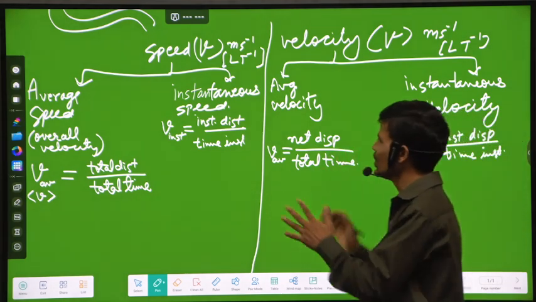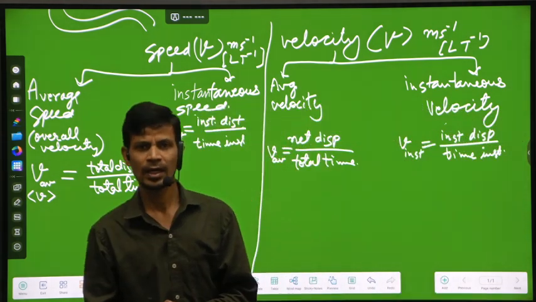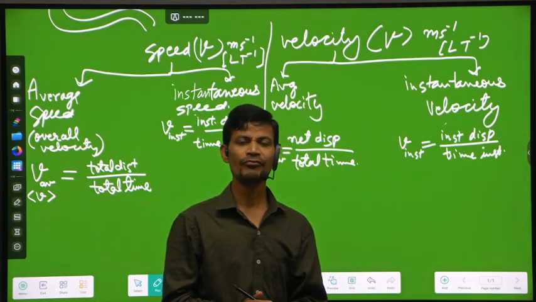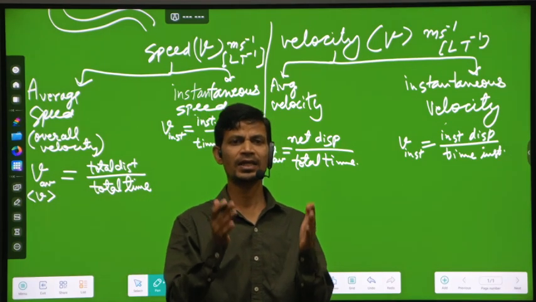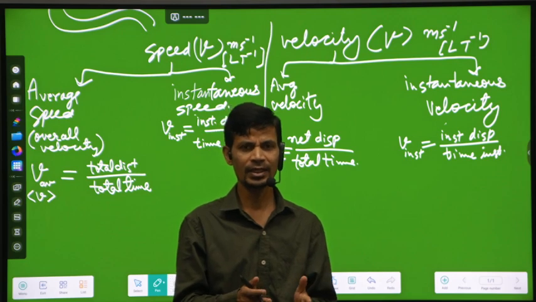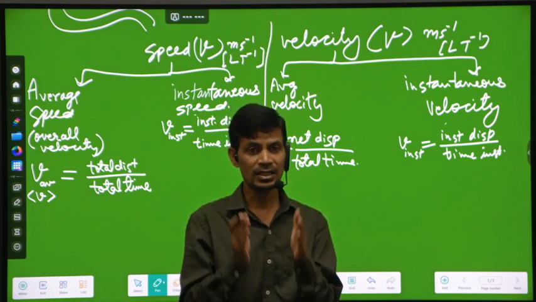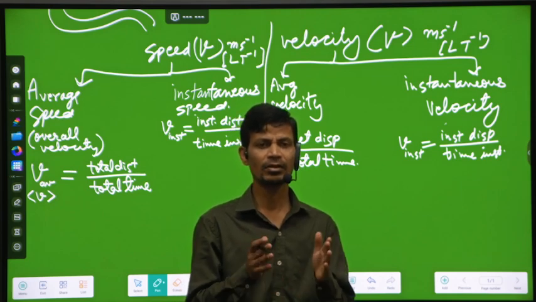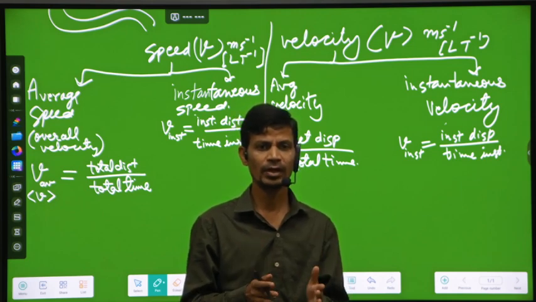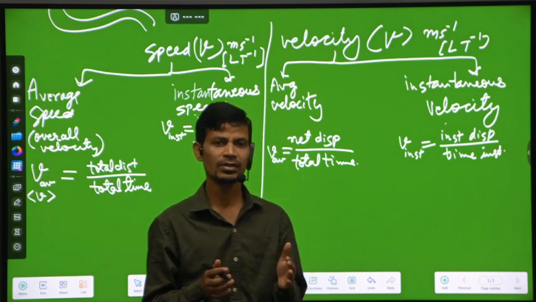Now what does it mean? If I want to find speed at a particular moment, then I will call it instantaneous speed, or velocity at a particular moment, then we'll call it instantaneous velocity.